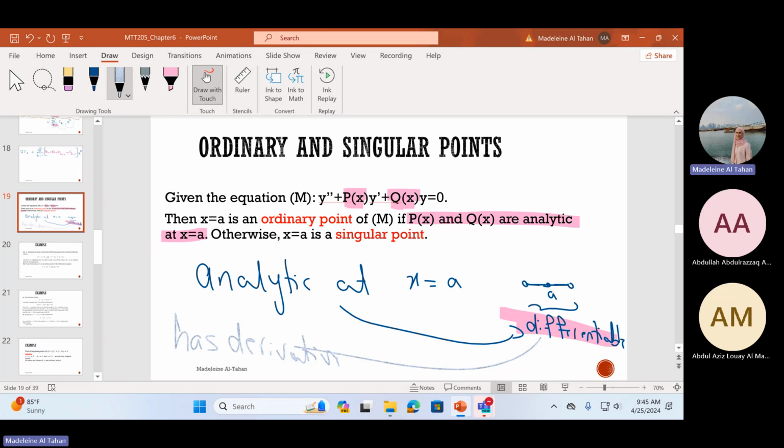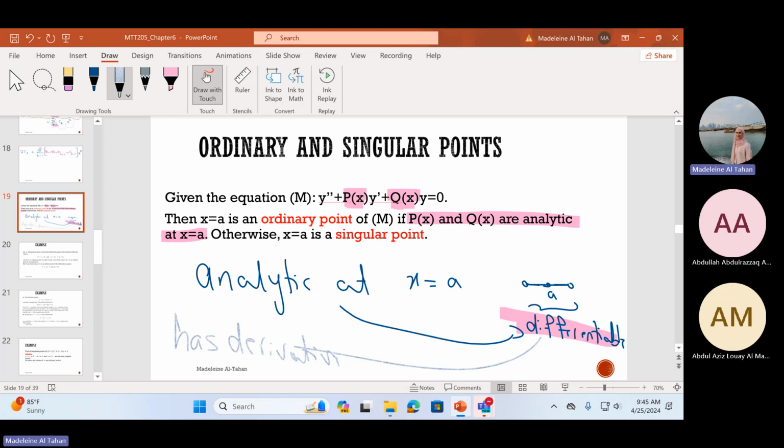Look at radical x. We want to check it at x equals 0. Okay. Radical x. What's the derivative of it? The derivative of 1 over x is negative 1 over x squared. For radical x, it's 1 over 2 radical x. Do we have problems in it at 0?